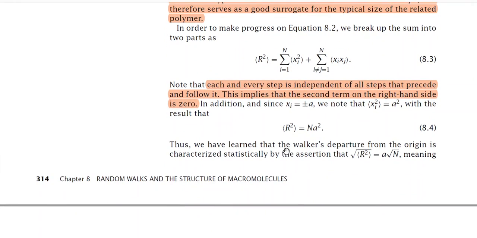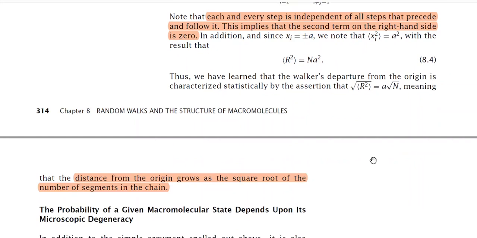Thus, we have learned that the walker's departure from the origin is characterized statistically by the assertion that root over r square is equal to a root capital N, meaning that the distance from the origin grows as the square root of the number of segments in the chain. So, if there are n segments, the distance from the origin will grow as the square root of the number of segments in the chain.